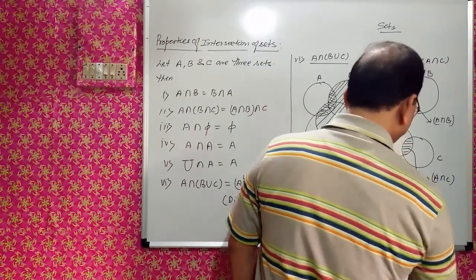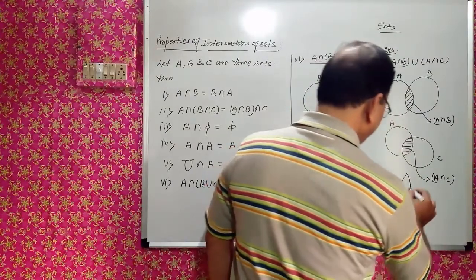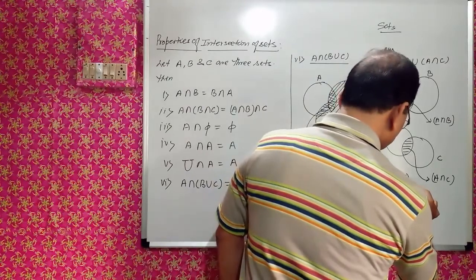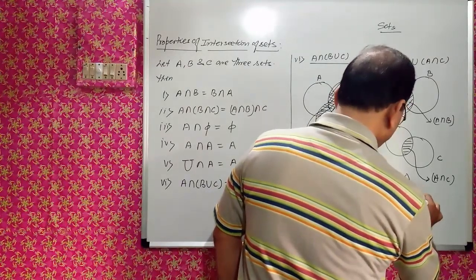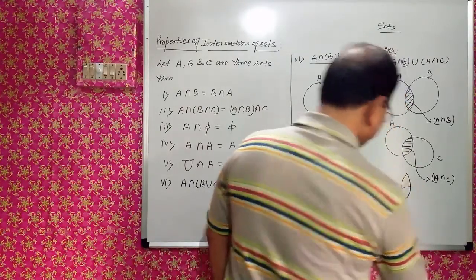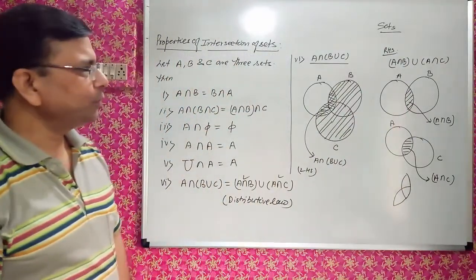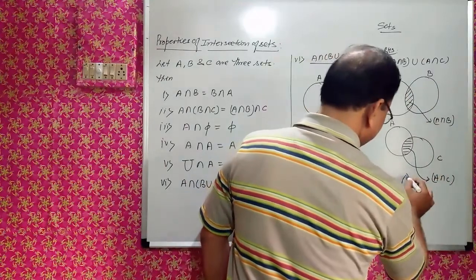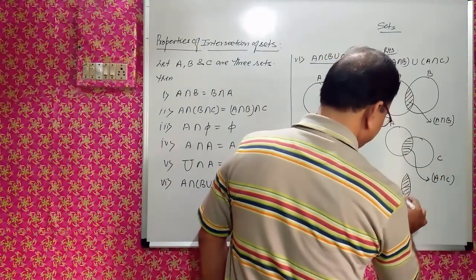This area, right? And then it will be intersecting over here. So this will be this area. This is a union of this and this. This part will come.